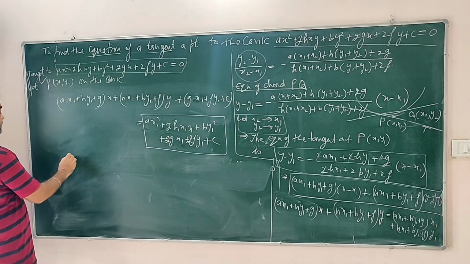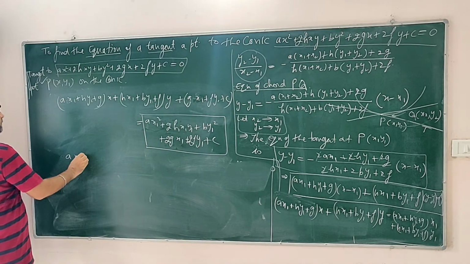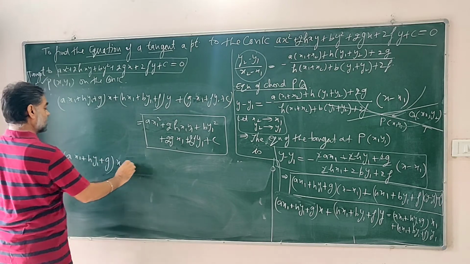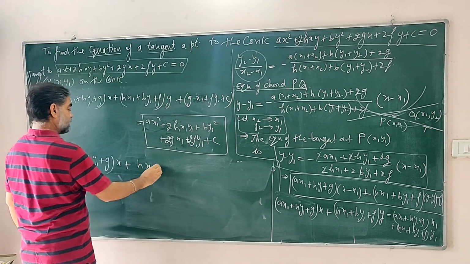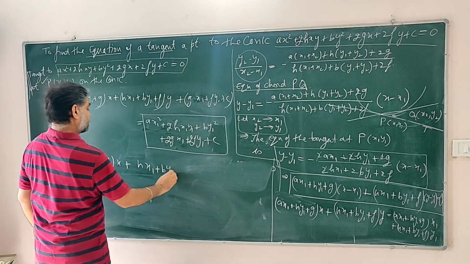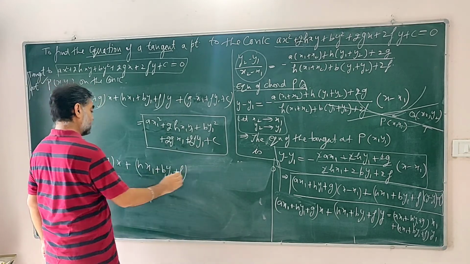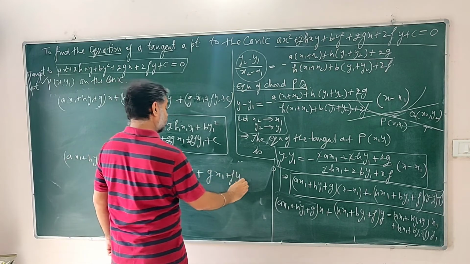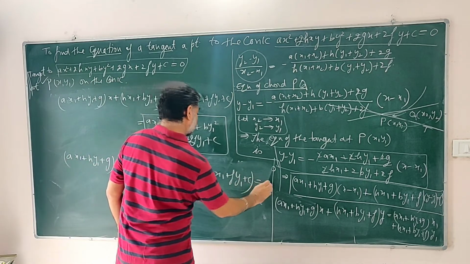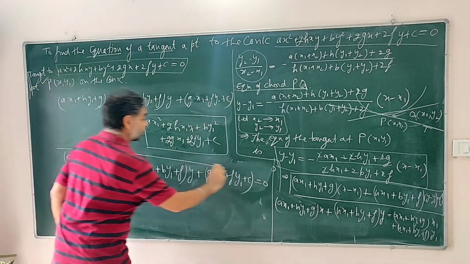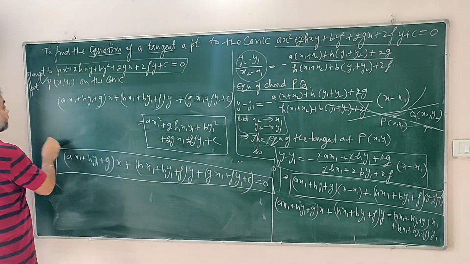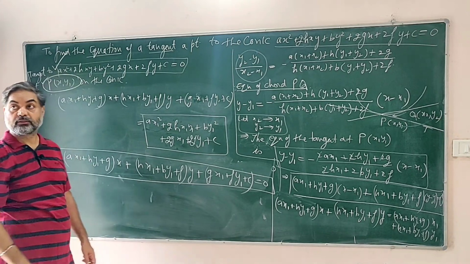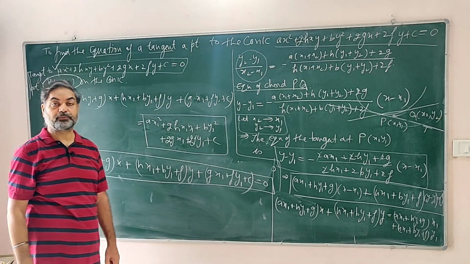So the equation of the tangent becomes the following, and this is the equation of the tangent to this conic at the point (x1, y1).